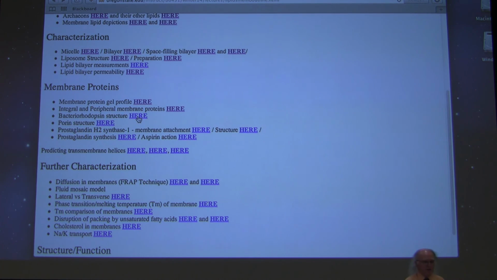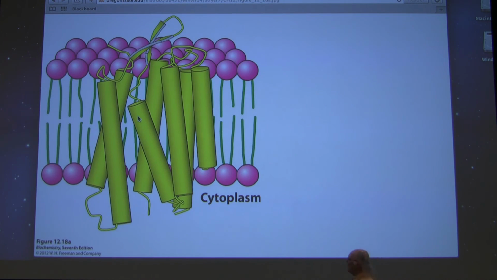Okay. Now, I've got a little bit of time here, so let me just say a word about a really cool protein. I'm going to bring this protein up for you right now, and later in the term, and probably next week, you're going to see why I think this protein is extraordinarily cool. It's called bacteriorhodopsin.